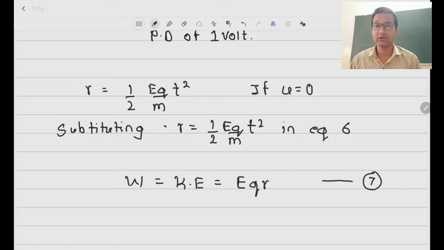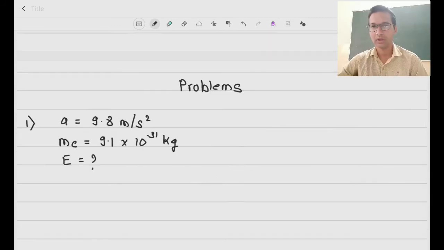This will help us calculate the change in energy with the distance that is traveled by that charged particle. If it travels 1 meter, 1 centimeter, or maybe 0.1 millimeter, how much energy does the charged particle acquire if we know what is the electric field and the charge of that particle. So this is one more important equation.